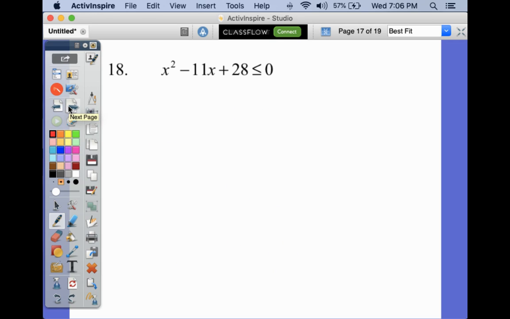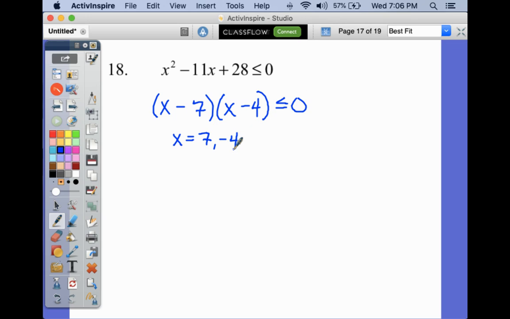Last problem, also going to be factorable. We got x minus 7, x minus 4. So we get x equals 7 and, hold on a second, 7 and should be positive 4. So on my number line, I'm going to want 4 and 7 arranged in that order.